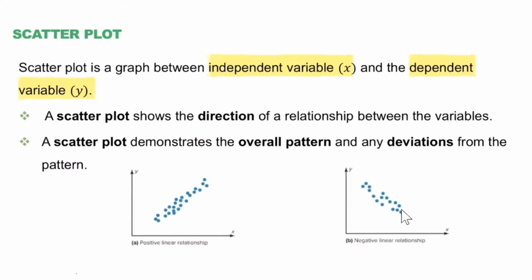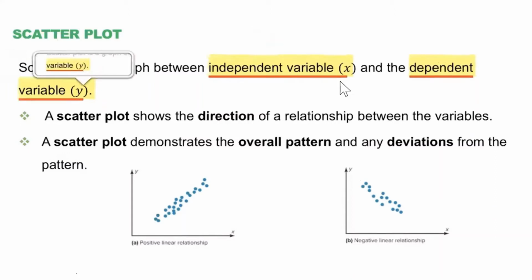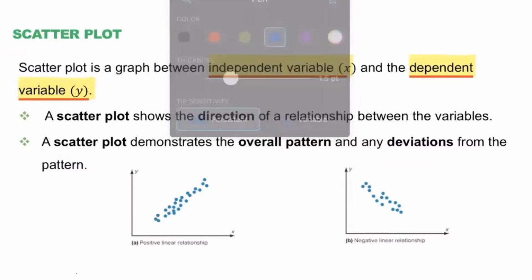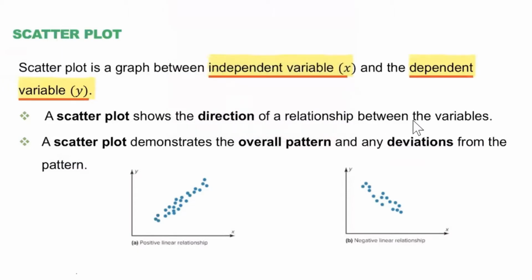And all these points lie pretty much on a straight line. So there is a negative linear relationship between the independent variable x and the dependent variable y. So that is the first thing. Always remember, it will give you the direction of the relationship.